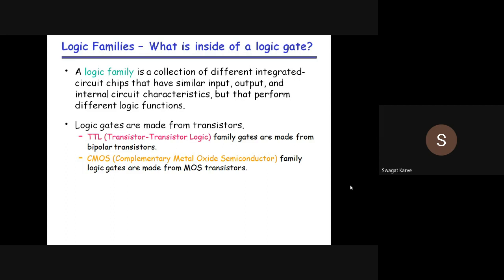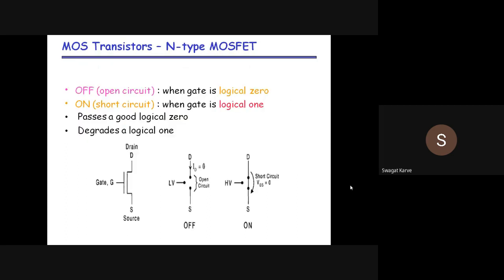That may be a TTL, PTL or CMOS. That is a different issue. But then you can consider that both ICs which are performing the different operations are under that particular one logic family. That may be a TTL, that may be a PTL, that may be a CMOS. That depends. Right? So this is about the logic families.